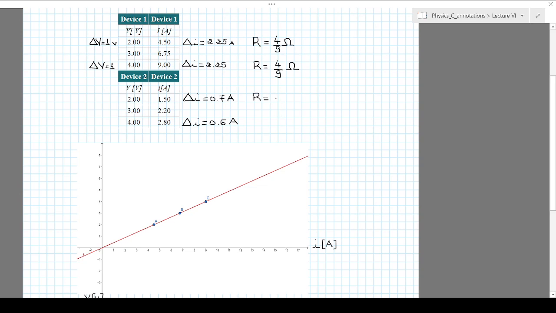And if you calculate the ratio, the resistance here, for the first one this is going to be 10/7 ohms, and for the second case this is going to be 5/3 of ohm, and this is definitely not the same, those are different. So this is ohmic, and this is definitely non-ohmic.